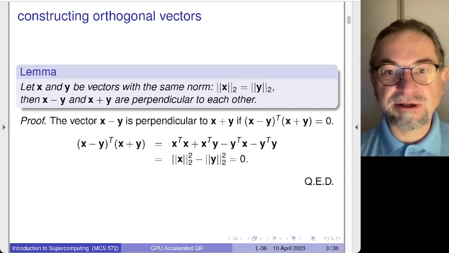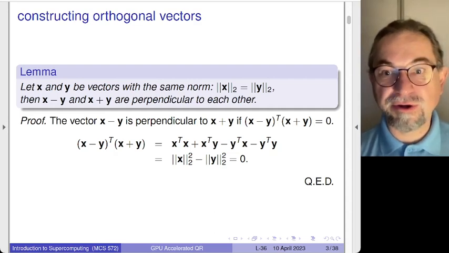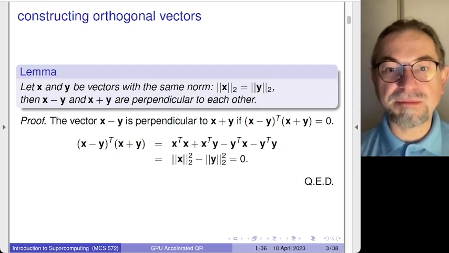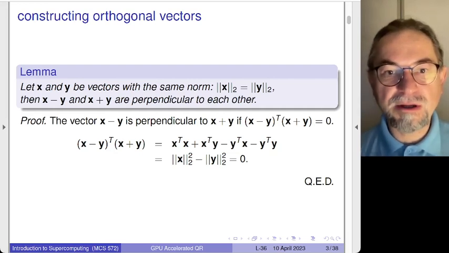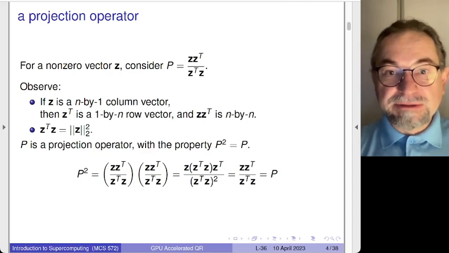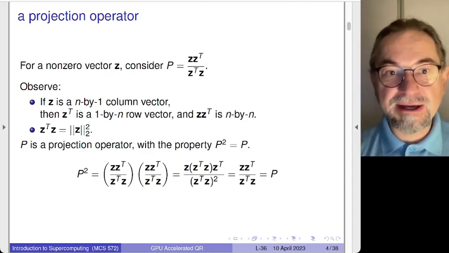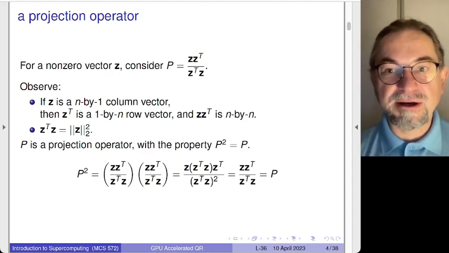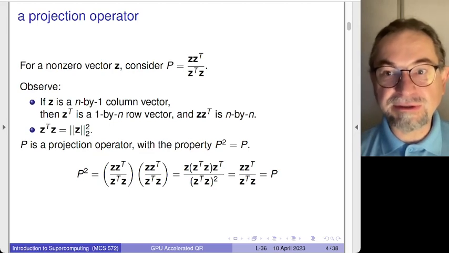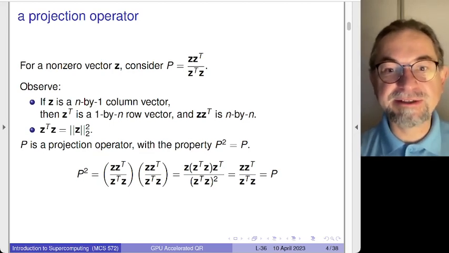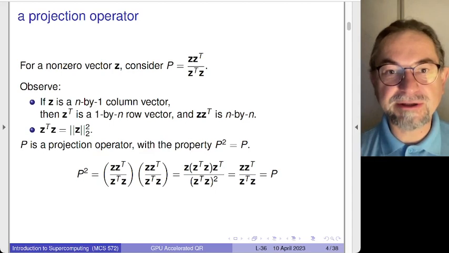So the T is the transpose. We are using the 2 norm here. Okay, so with that we can build, so the next ingredient is a projection operator.